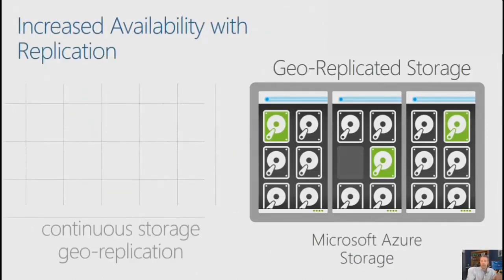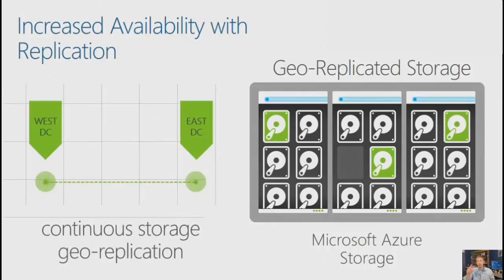So very survivable. Beyond a single data center region, though, with a quick option choice when we're provisioning a storage account, we can enable a storage account for asynchronous geo-replicated storage, which goes even further.